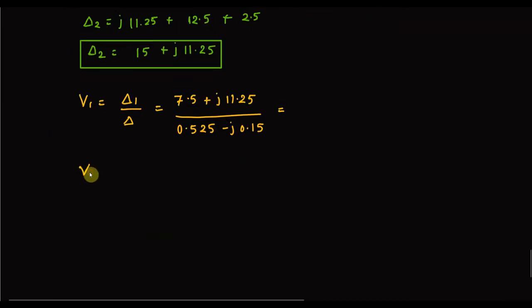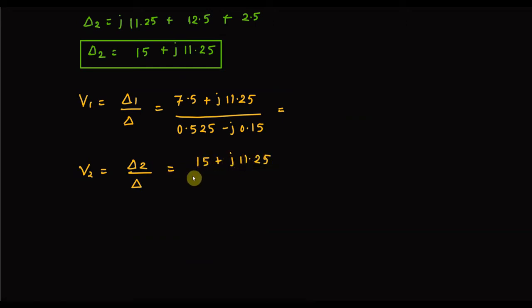Similarly, I will write V2, then I will calculate both at the same time. So delta 2 by delta. This will become 15 plus j 11.25 divided by 0.525 minus j 0.15.